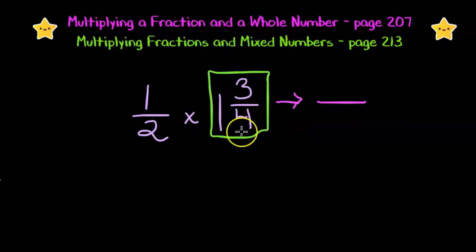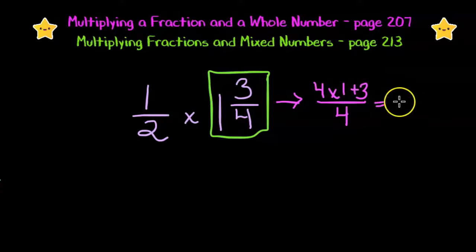And that's all going to be over the same denominator. Okay, so 4 would stay the same. So then I'm just going to multiply 4 times 1 and add 3. All right, and then 4 still is the denominator. 4 times 1 is 4, plus 3 would give me 7.